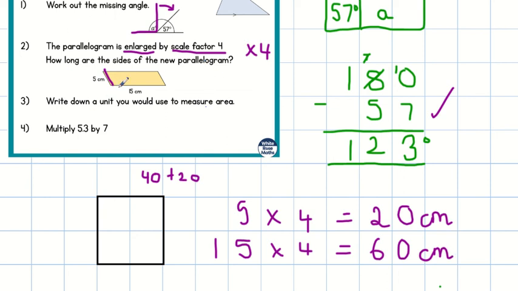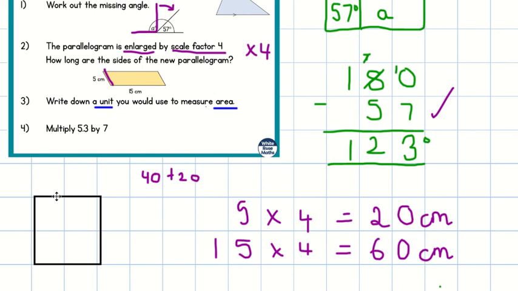Okay, let's have a look at question number 3 then. We've got to write down a unit you would use to measure area. Okay, I've got a square here so that we can remind ourselves of what area is. So area is the space inside of a shape. Okay, so I can look at this square and I can see that this side is 2 centimetres.